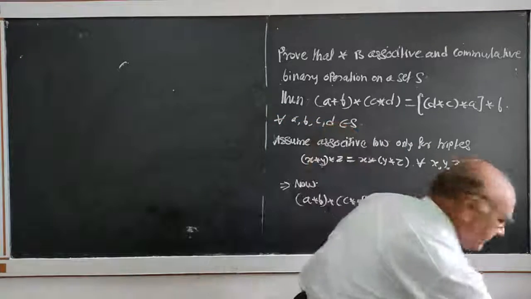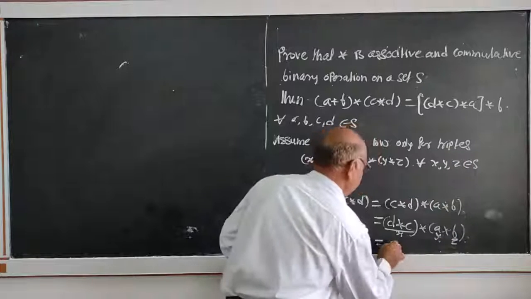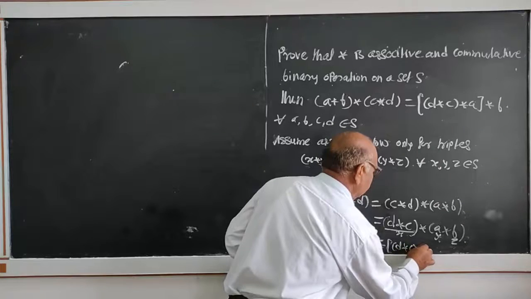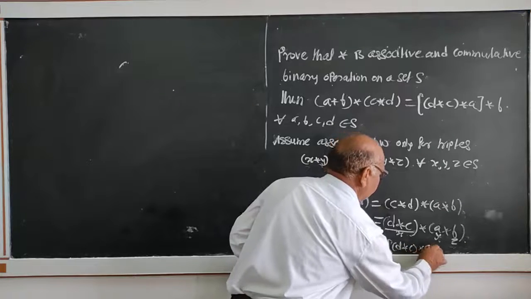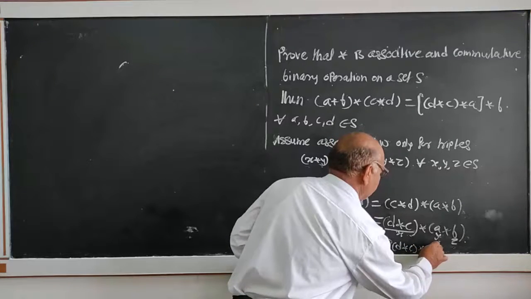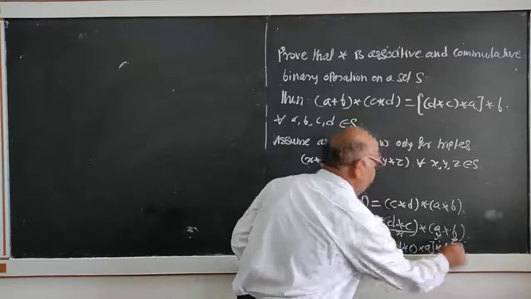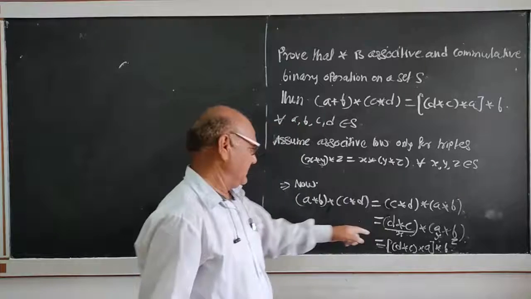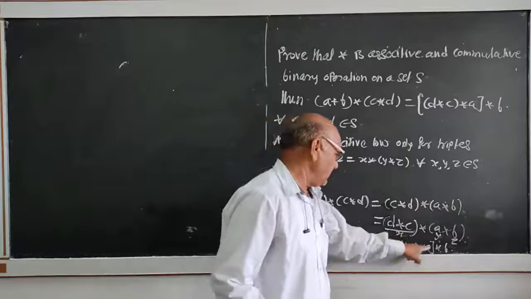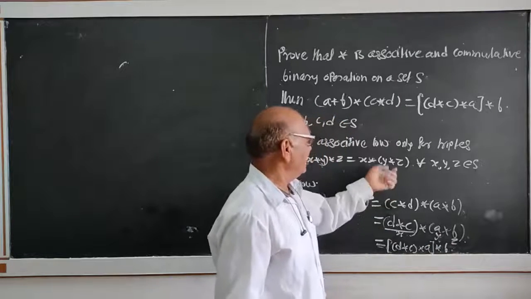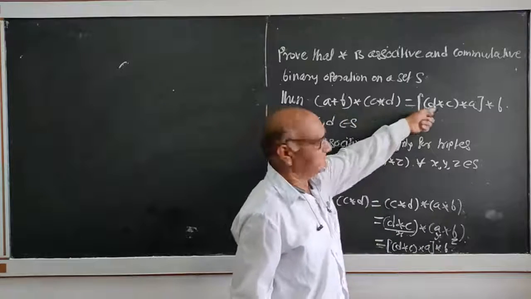Here D star C star A star B, like that means (X star Y) star Z. We get this.